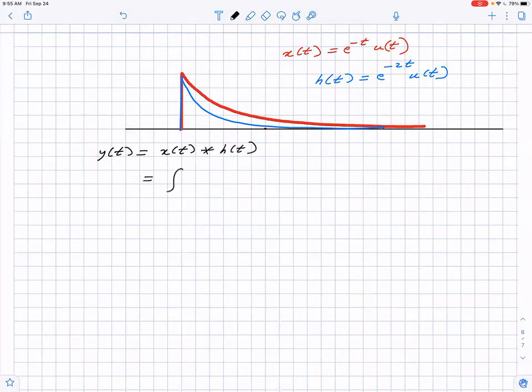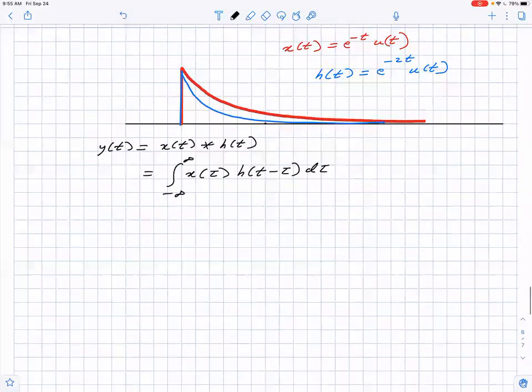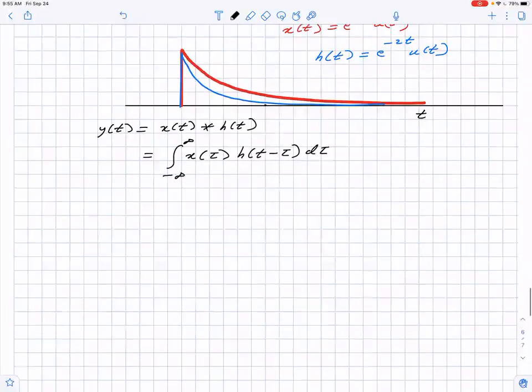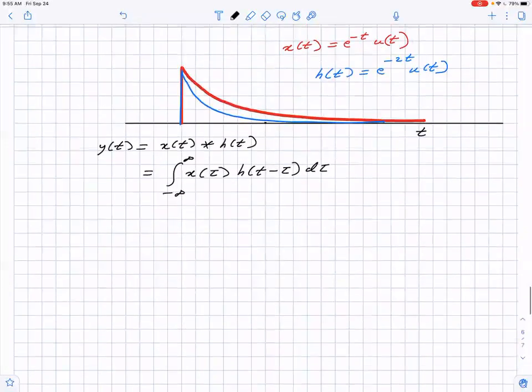And the expression for y of t, the convolution integral, is x of tau h of t minus tau d tau. And we are plotting the two functions as a function of t right now. The first step in convolution is replace t by tau.